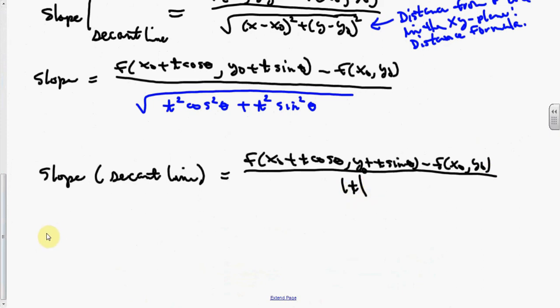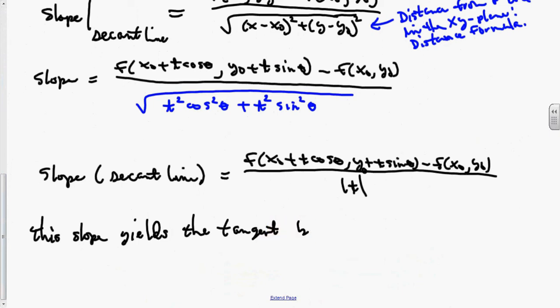Now, this slope yields the tangent by sending t to 0.